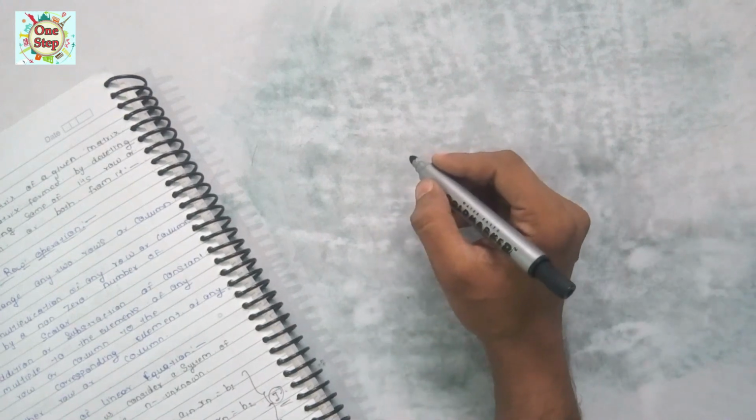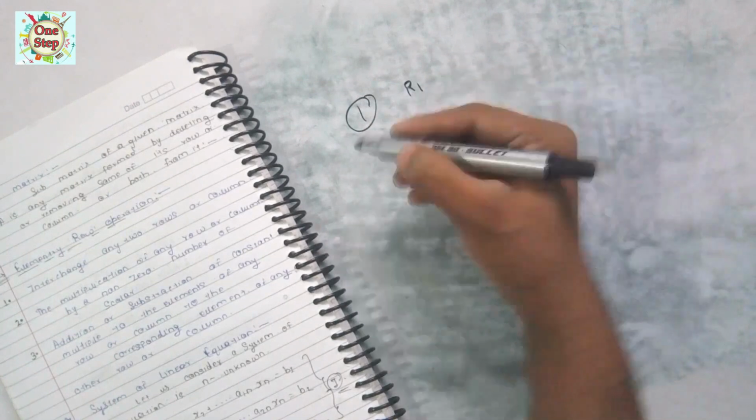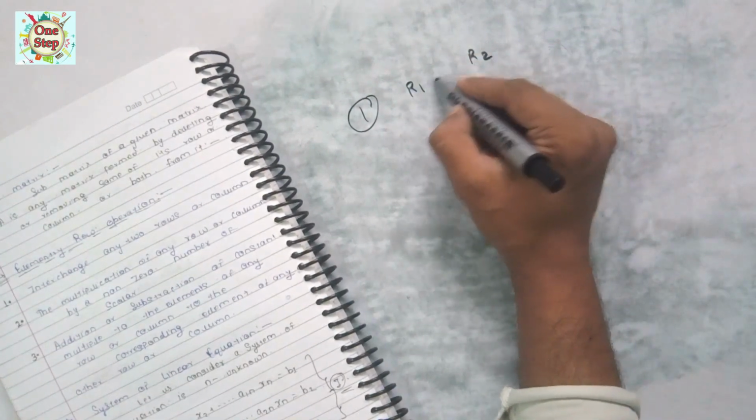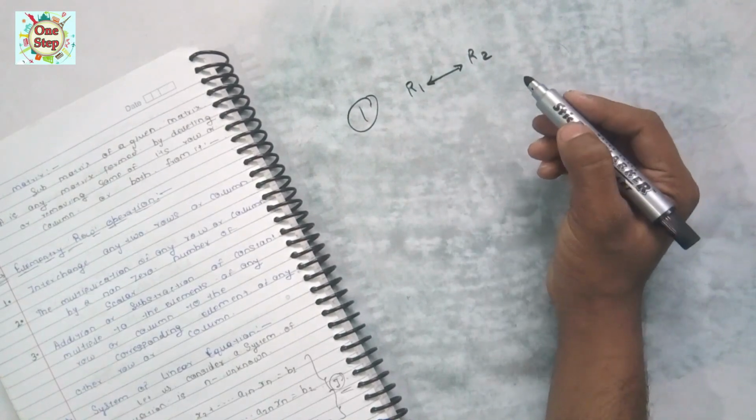Okay, so here is elementary row operation. So what is elementary row operation? Interchange of two rows or columns. What does it mean? If we interchange any two rows or columns, it does not give any effect to the matrix. So first, if R1 is any row and R2 is any row, and we interchange between them, then what will be the effect?